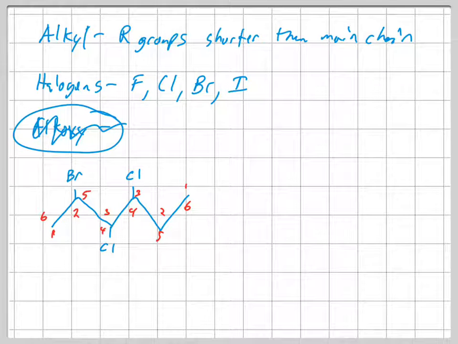But if we number it from right to left in this illustration, the lowest number for a substituent will be the third carbon, but we want the lowest number substituent possible, which will be on the second carbon here. So in naming this, we have 6 carbons, so that's going to be hexane. It's all single bonded, so it's just hexane.